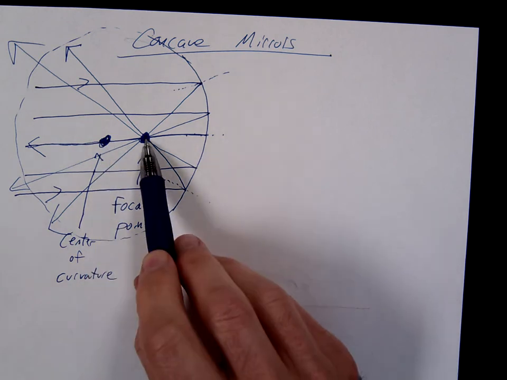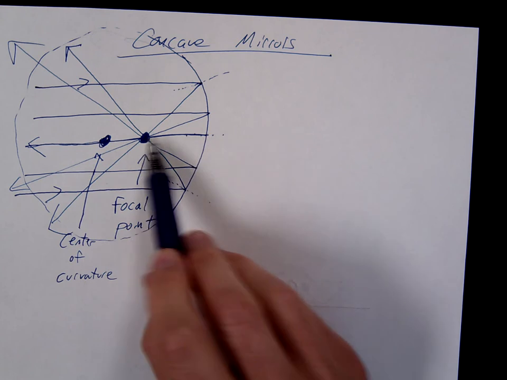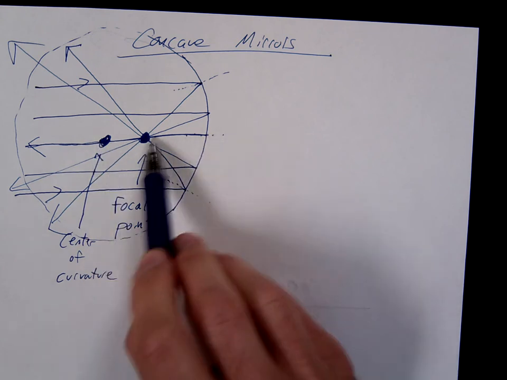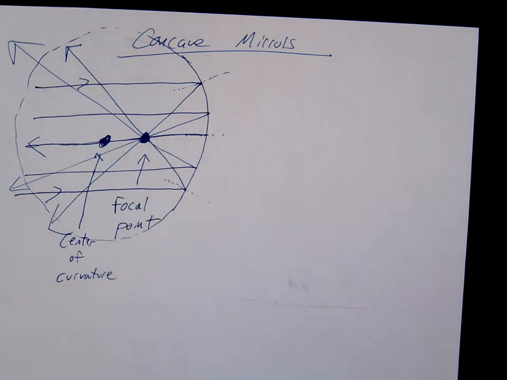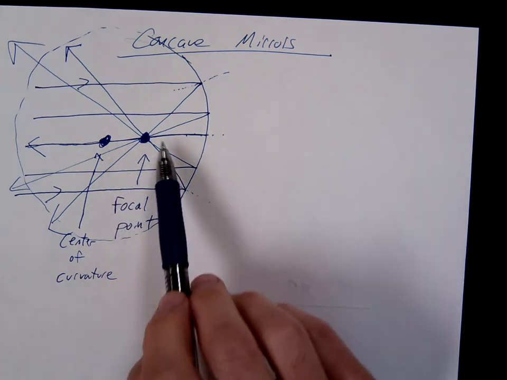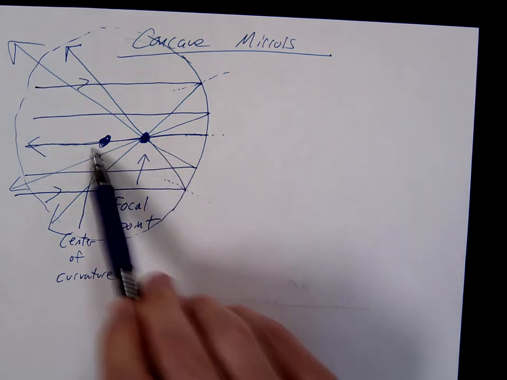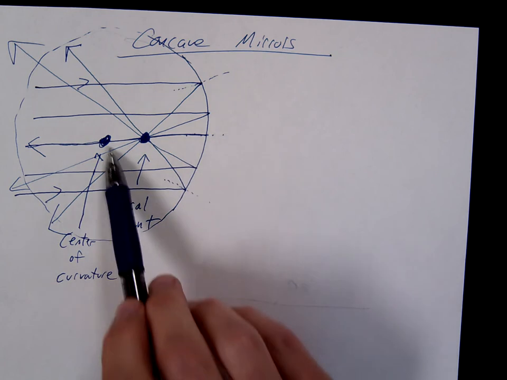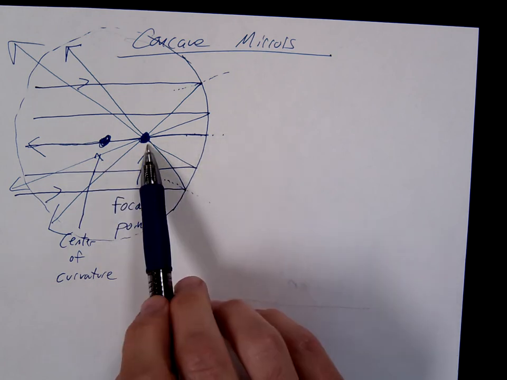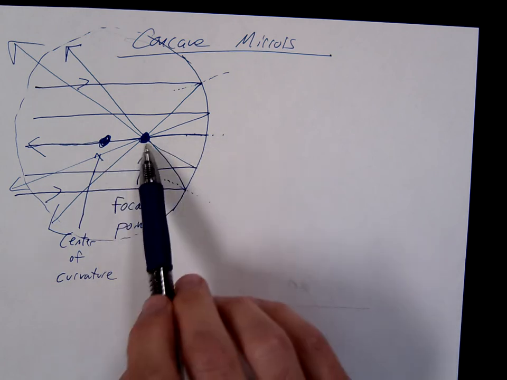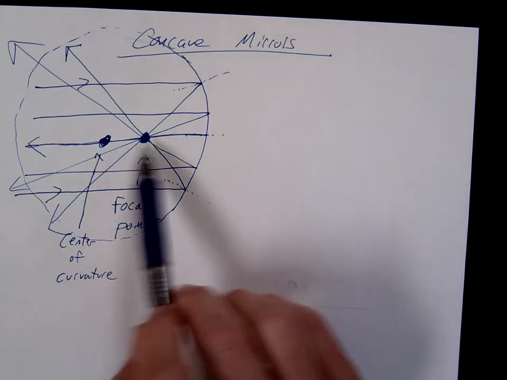The focal length would be the distance from the focal point to the mirror. And there turns out to be a very nice relationship. And I didn't draw it perfect, but maybe close enough. What's the relationship between the radius and the center? It's exactly 1/2. Yeah, so the radius and the focal point.